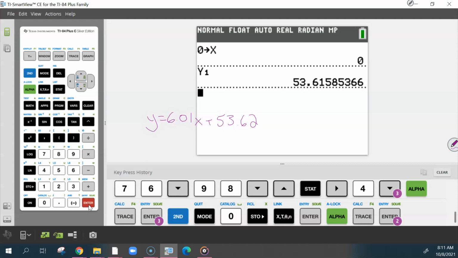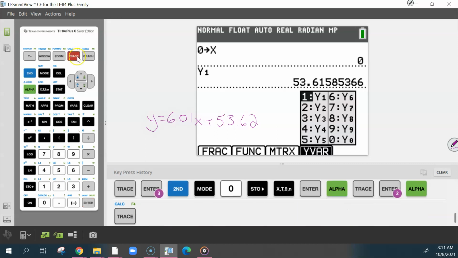And then go back to alpha trace. You have to store 0 for x, and then press alpha trace.